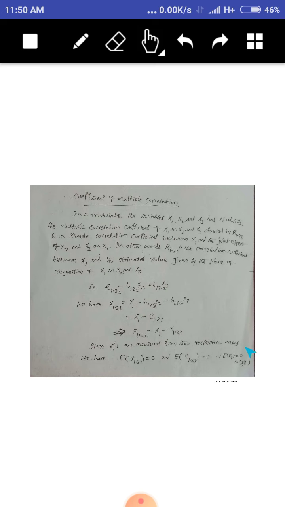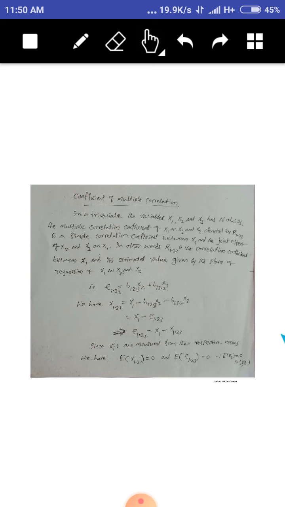Therefore, E1.23 equals x1 minus x1.23. Since the xi's are measured from their respective means, their expected values are zero. That is, the expectations of x1, x2 and x3 are all zero, so the expectation of E1.23 is also zero.